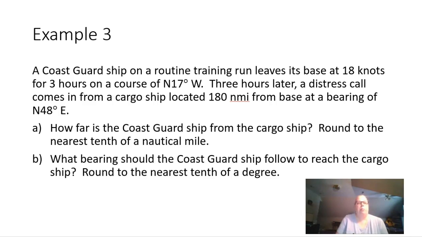And we need to draw the picture first. Okay, what's going on here is we have a base located right here. And the Coast Guard ship is going to leave the base and is going to head off in this direction. And after 3 hours, this angle is going to be 17 degrees.